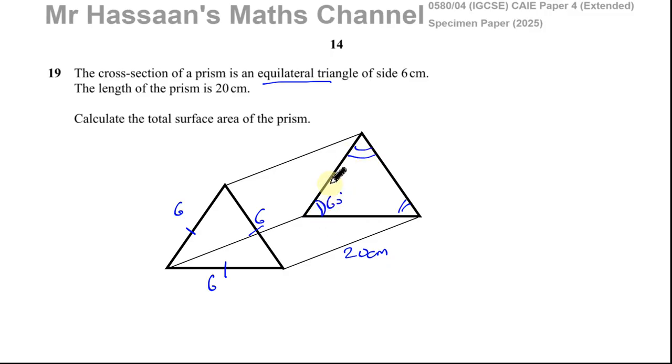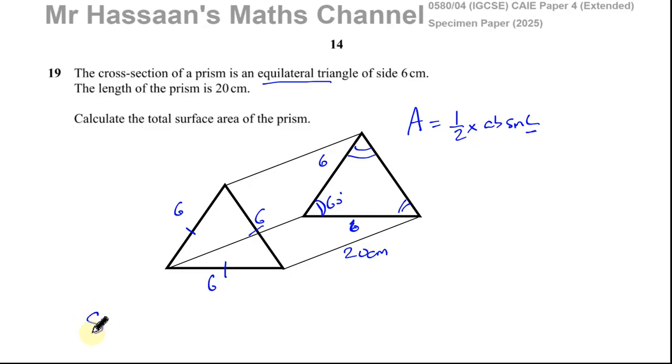So we can use a formula that we just used in the last question, that if we know two sides and the angle between them, we can find the area of the triangle. So the area of one of these triangles is going to be a half times AB times sine of C, where C is the angle between the two sides and A and B are the lengths of the two sides.